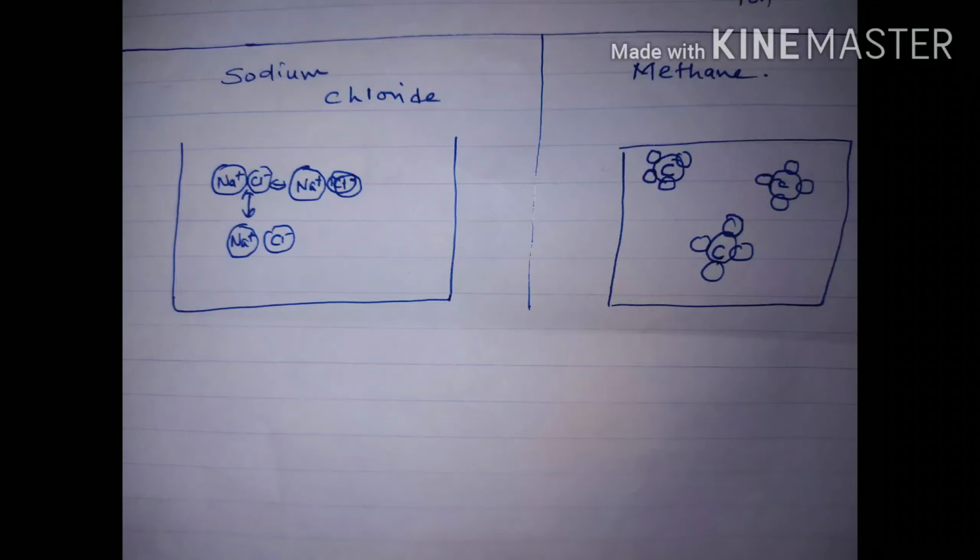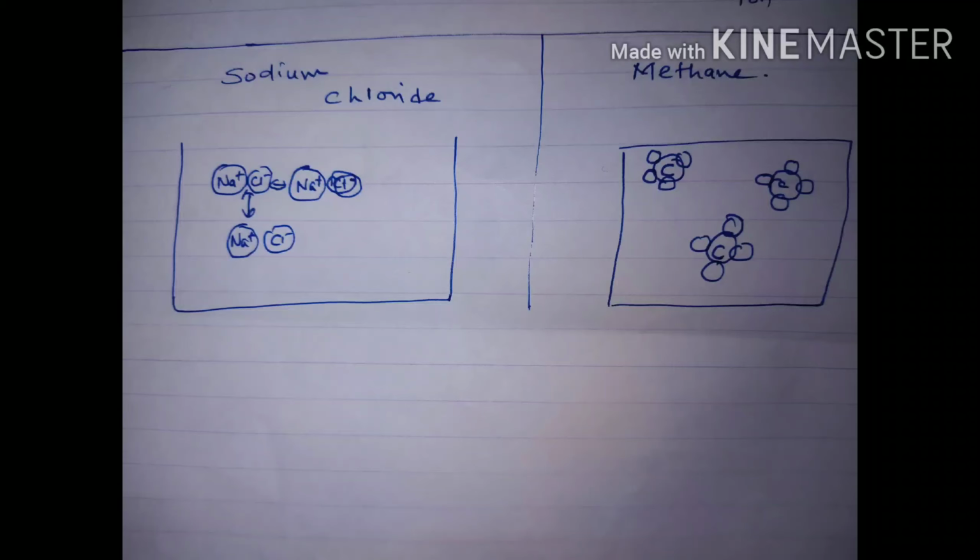The reason behind it is that sodium chloride contains Na plus and Cl minus. In the diagram you can see that when many NaCl molecules come together, Cl minus present in one molecule will attract Na plus present in the surrounding molecule.